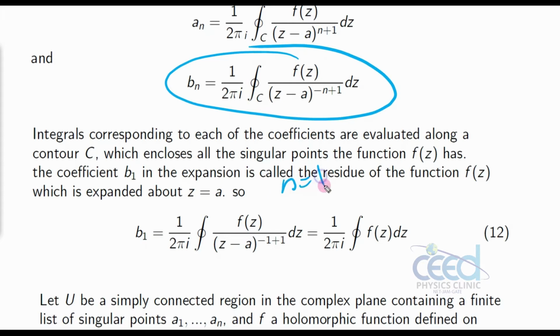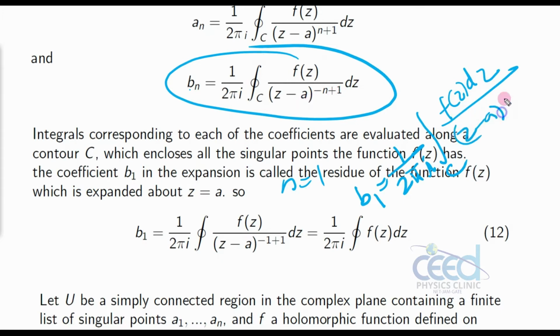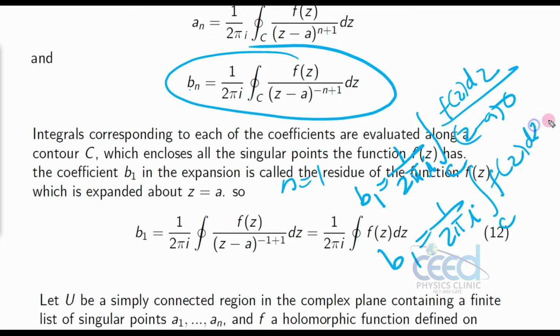So when n is equal to 1, b1 is equal to 1 by 2 pi i closed integral f of z dz divided by (z minus a) raised to minus 1 plus 1, that will be 0, that is (z minus a) raised to 0, which is equal to 1. So b1 is equal to 1 by 2 pi i closed integral f of z dz.